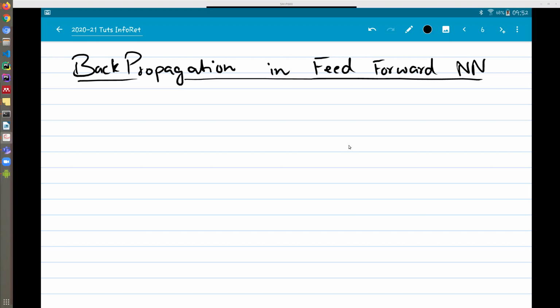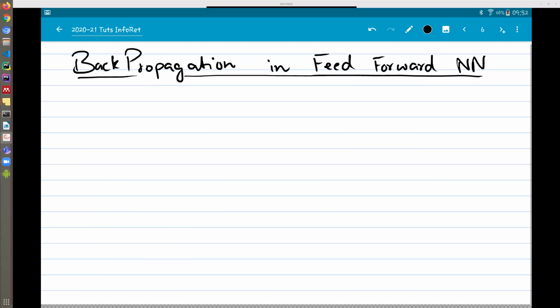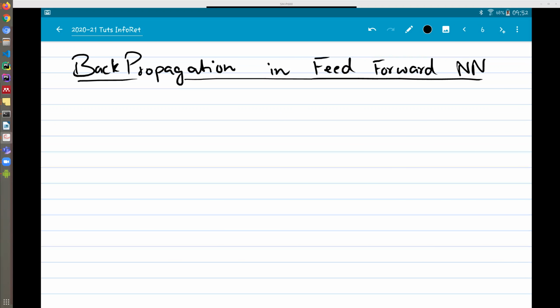So for instance, if you might remember, let's say we have a function f of x and y, that is, let's say, 2x square plus 3y square, and we name this as equal to z.